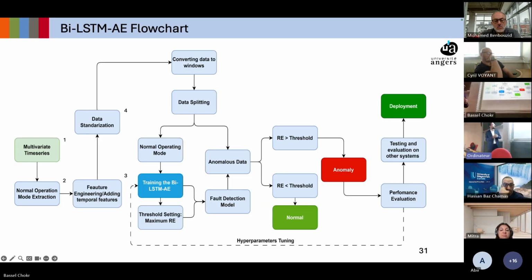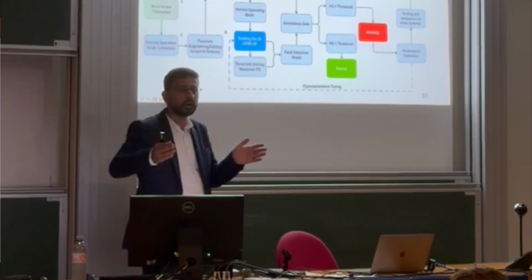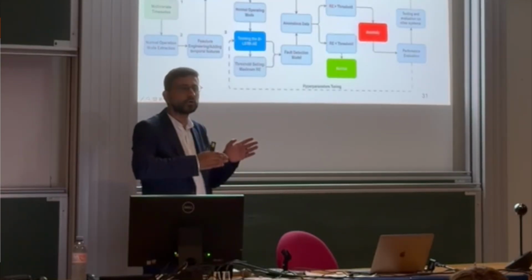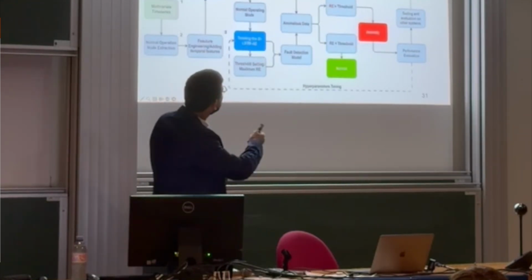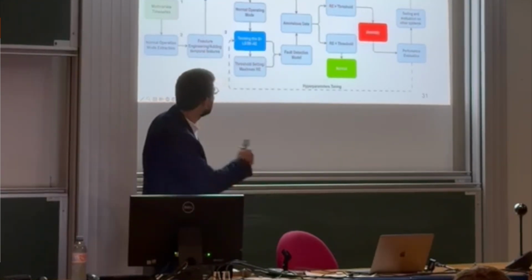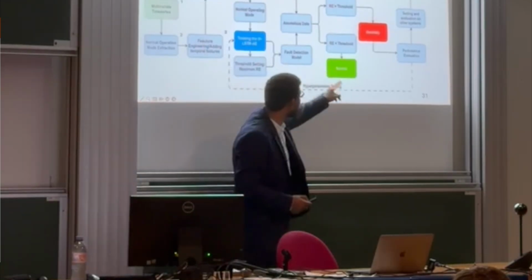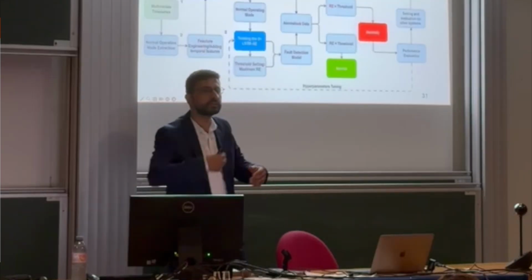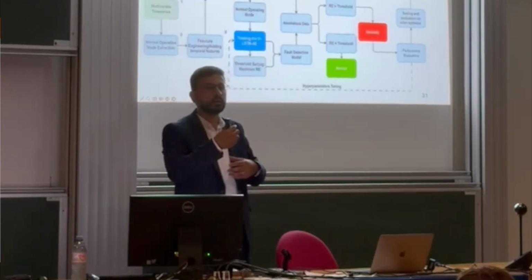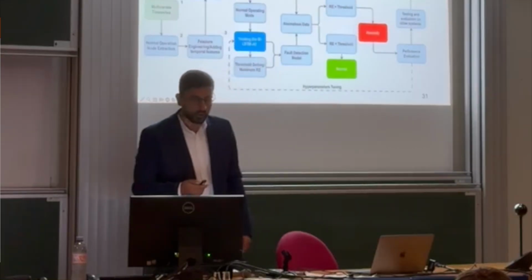Then we do threshold selection after training on the normal operation mode, as we will get the different reconstruction errors in the training step in order to select the threshold. Based on that, if we are above the threshold, we are an anomaly; below the threshold, we are normal. And here there is a step of hyperparameter tuning based on how we can change the threshold in order to see how sensitive it is, how we can address the false alarm rates and the misdetection rates and so on in evaluation.